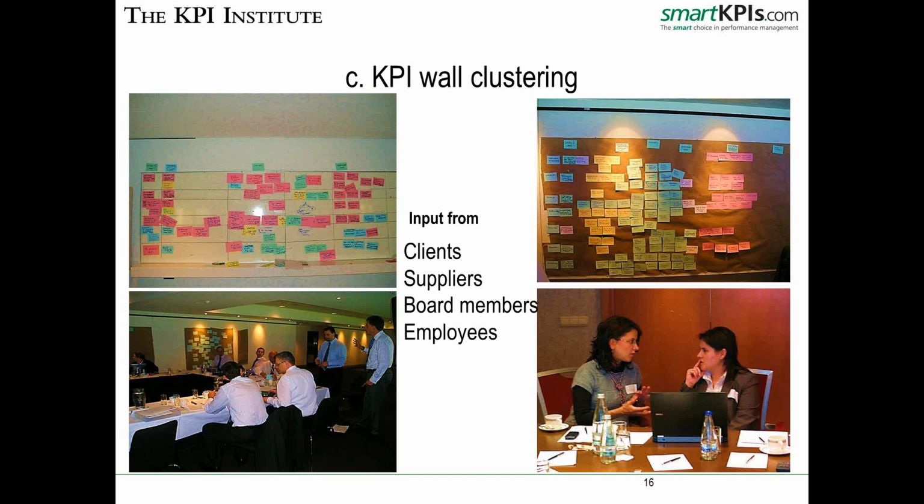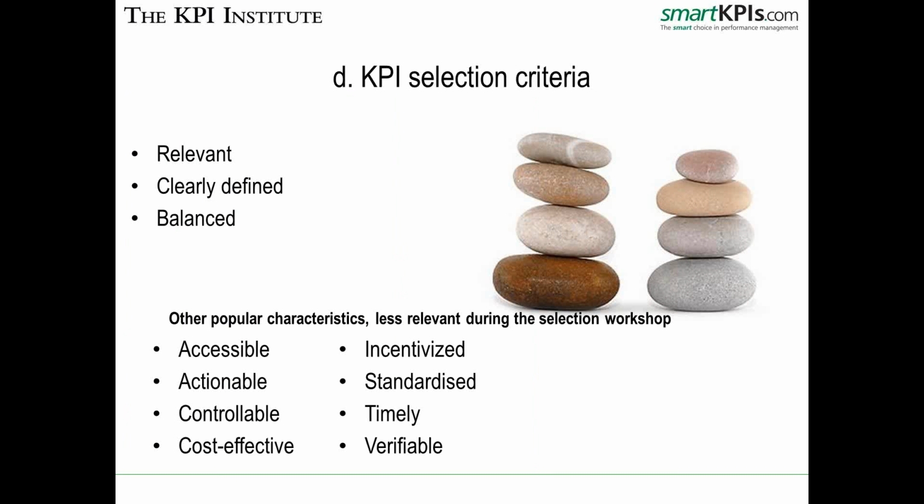This helps with buy-in. So working with stakeholders should be something that is built in the KPI selection process. Stakeholders are not there only to be consulted, but they are also there to be involved. So input from clients, suppliers, board members, and employees can be obtained either before or during such workshops by inviting them to certain parts of the KPI selection workshop.